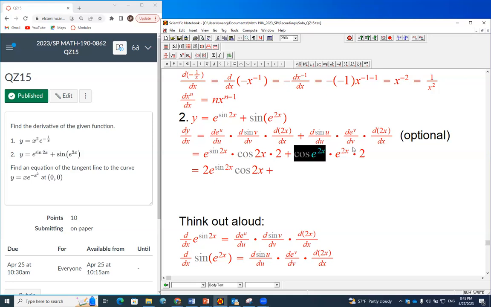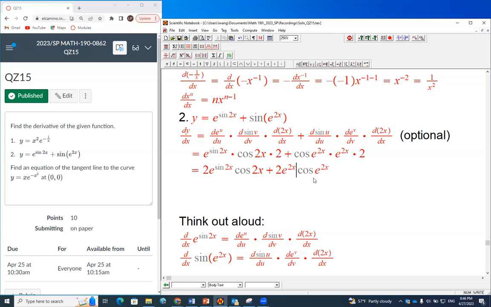And the next one, I'm going to put the 2 in the front. And this piece is a little bit interesting because you don't want to remove the dot. If you remove the dot, it may be read as e to the power 2x times e to the power 2x. So it's better to put this e to the power 2x before cosine.